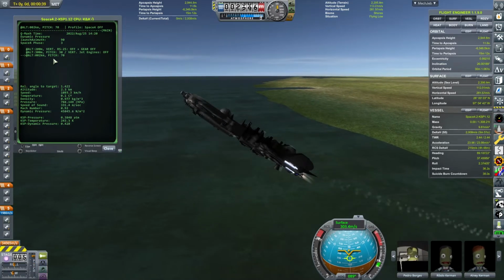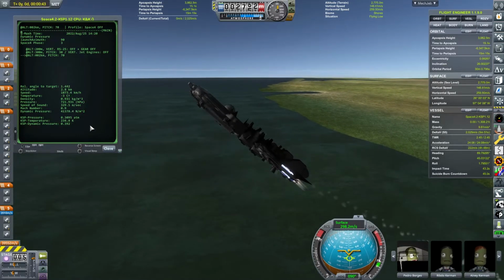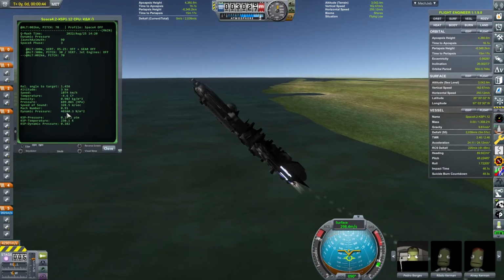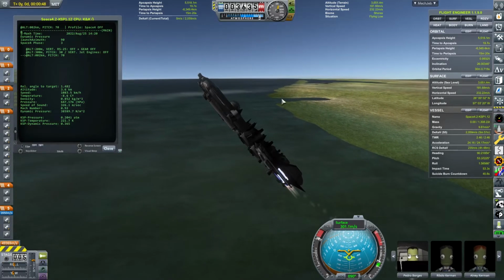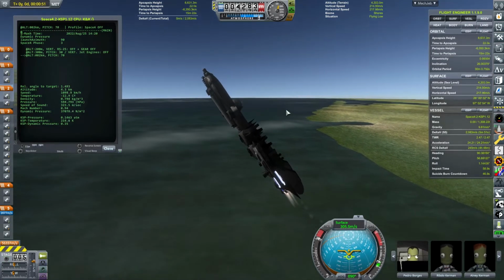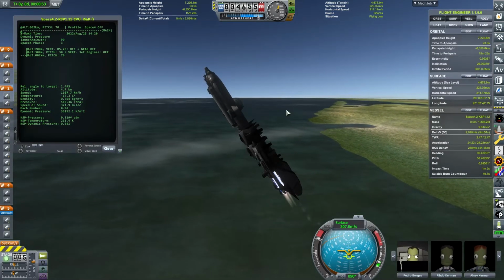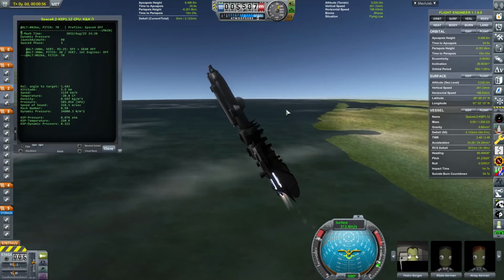Now we will try to pitch to 70. As you can see, we are still below Mach number 1.0, so it means that we are subsonic, trying just to gain the necessary altitude to do the first boom.